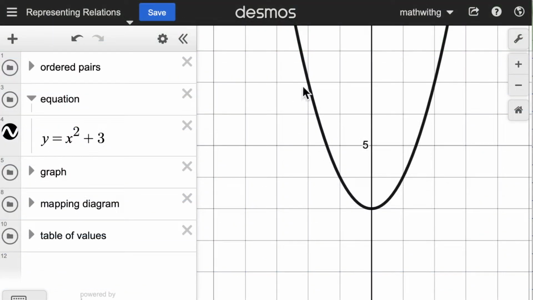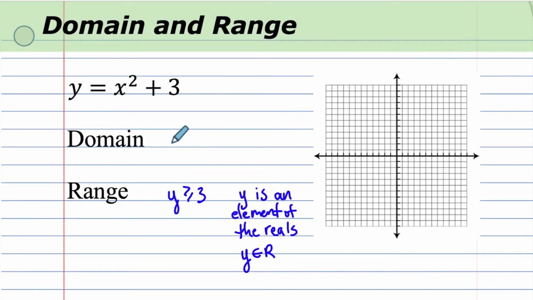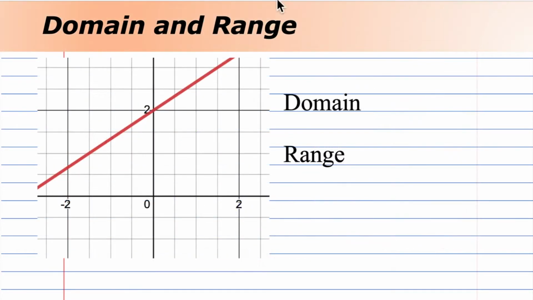Because this picture goes on forever and ever, you could plug in any value for x and it looks like it goes up and stops in the x direction, but it doesn't. It actually goes all the way negative and all the way positive to infinity. And how we say that is x is an element of the reals.